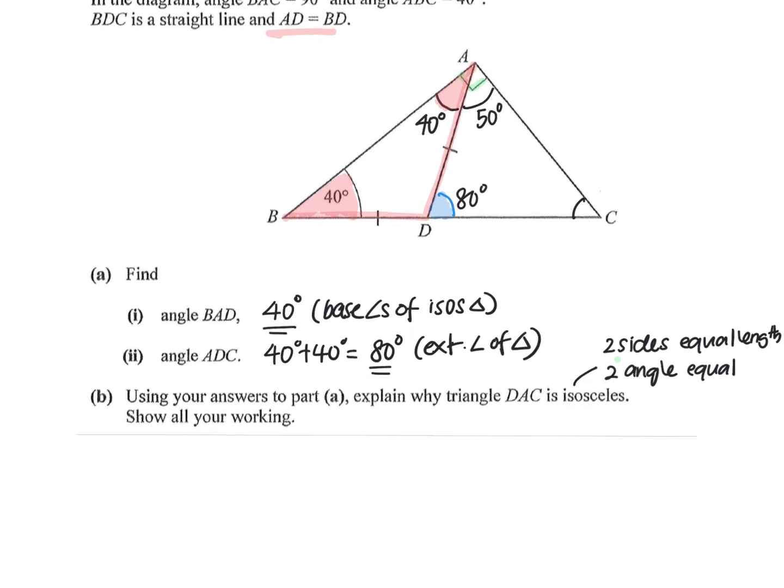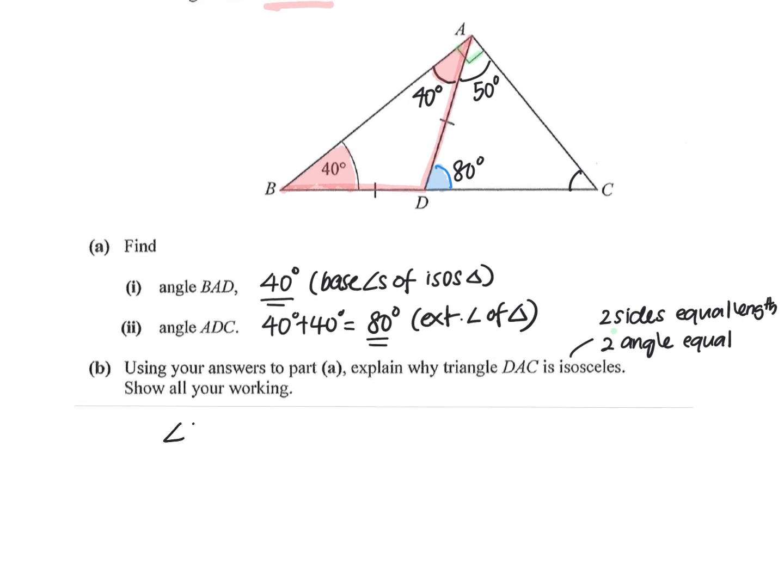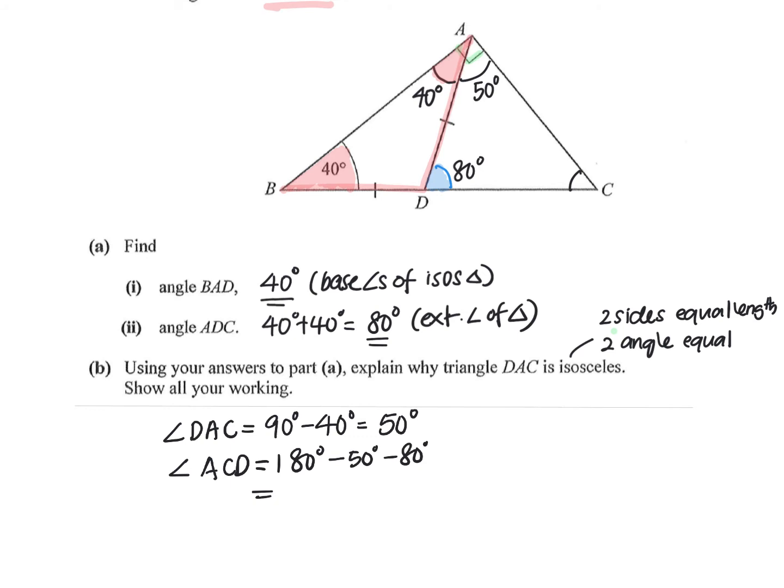So I'm going to write down the working. Angle DAC is equal to 90 degrees minus 40, which gives me 50 degrees. This is what I found. And now I want to find angle ACD. That will be 180 subtract 50 subtract 80 by angle sum of triangle.